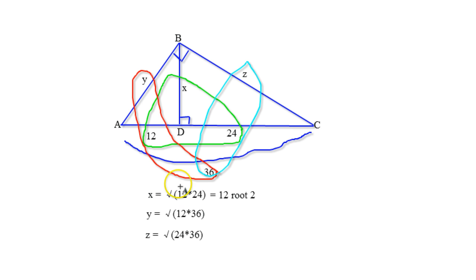Now we'll do 12 times 36. How did I do that so fast? 12 times 24 is 288, and 288 is equal to 144 times 2. So that's how I broke that apart so fast. Now this is going to be 432, which is 216 times 2, which is equal to 6 times 6 times 6 times 2.